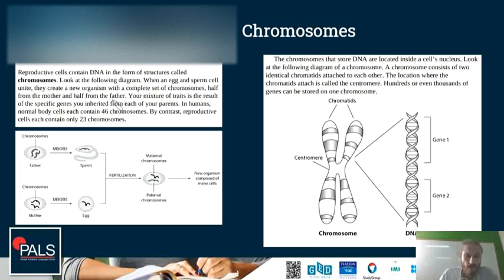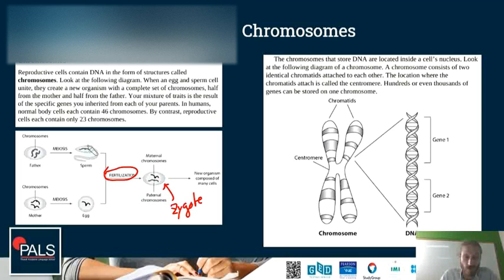So when an egg and a sperm cell unite, they create a new organism. This first cell is called a zygote. So here we have a sperm cell and an egg cell. When they combine, this is the process of fertilization, and we get a zygote, the first cell of the new organism that has the chromosomes of the mother and the chromosomes of the father.